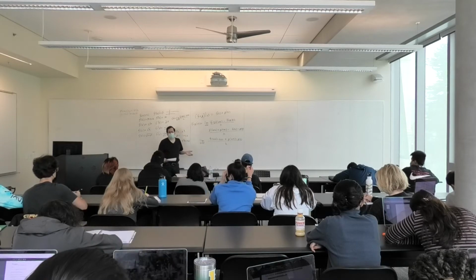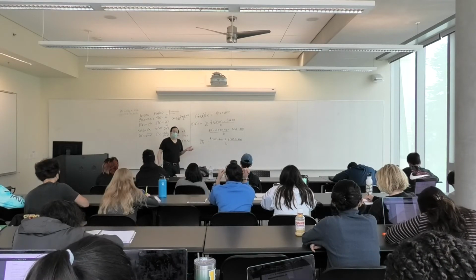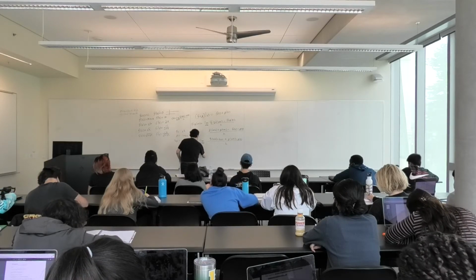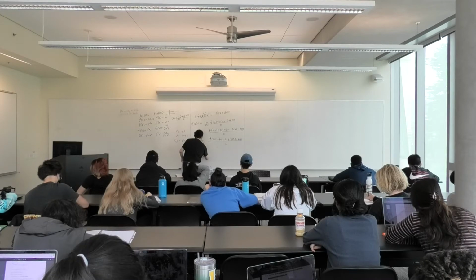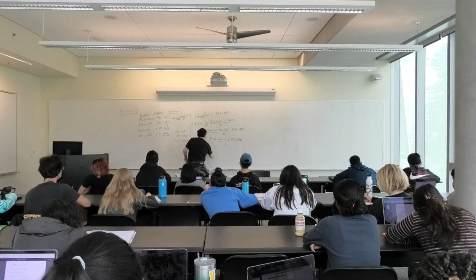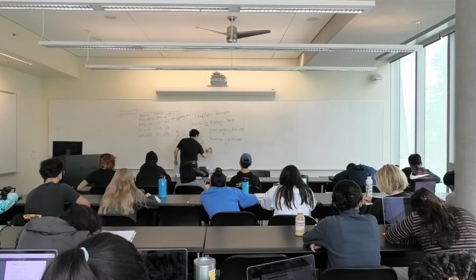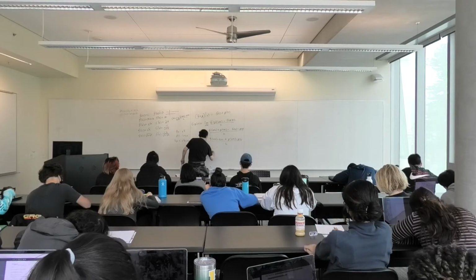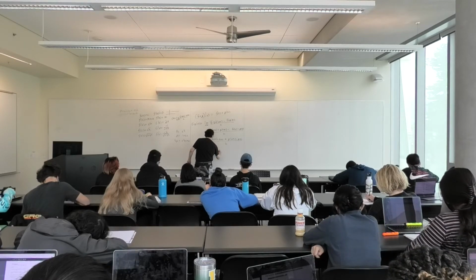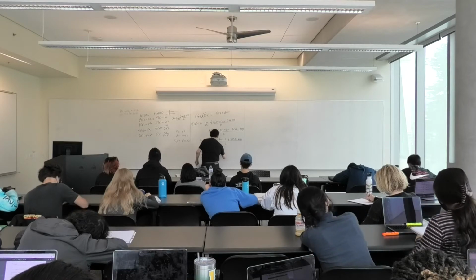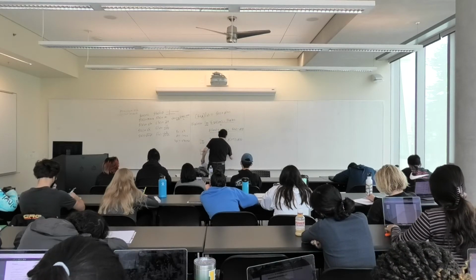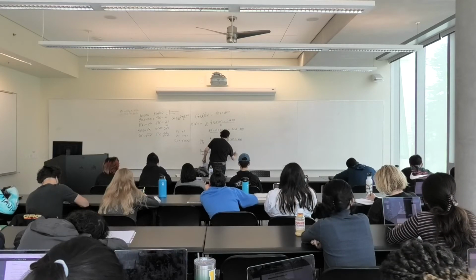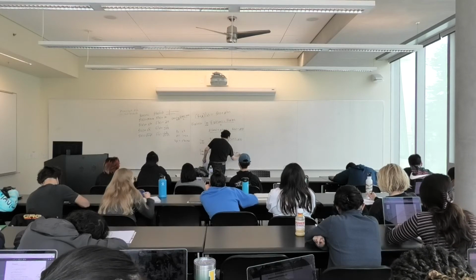Well, remember we had a limit law, right? The sum of the limits is the limit of the sums. So this, of course, is the limit as h approaches 0 of f of x plus h minus f of x over h, plus the limit as h approaches 0 of g of x plus h minus g of x all over h.